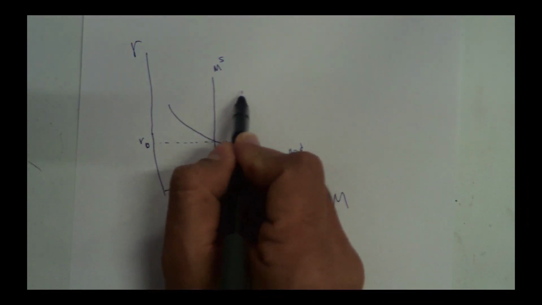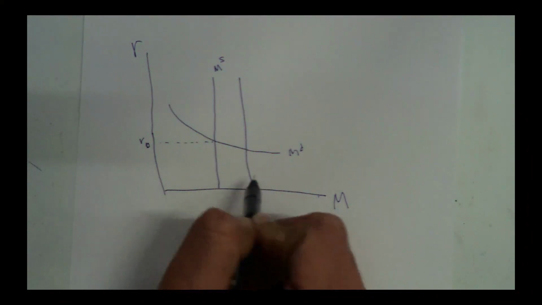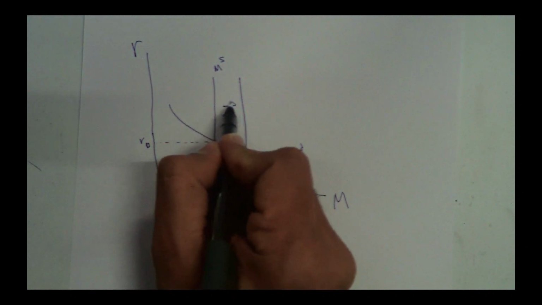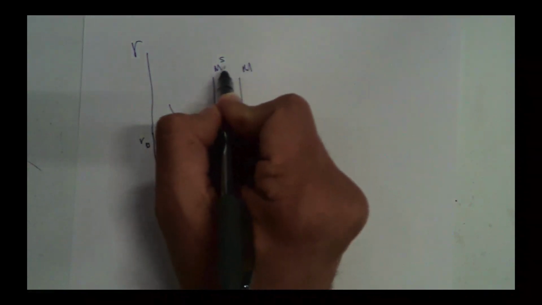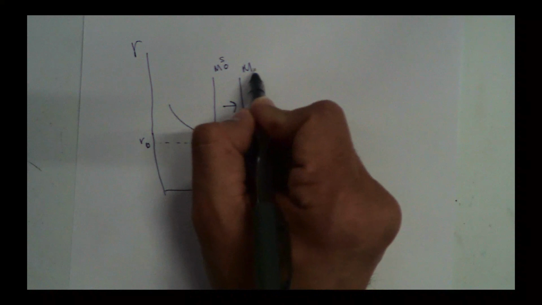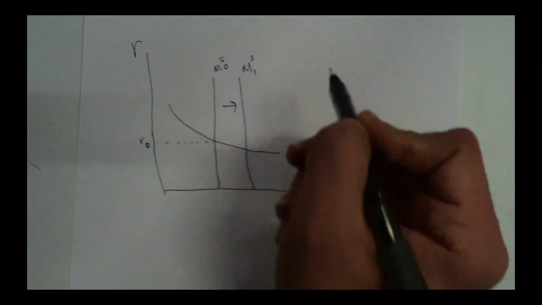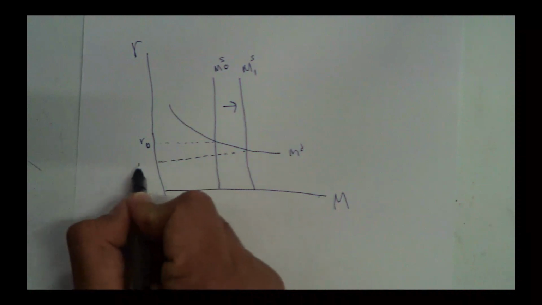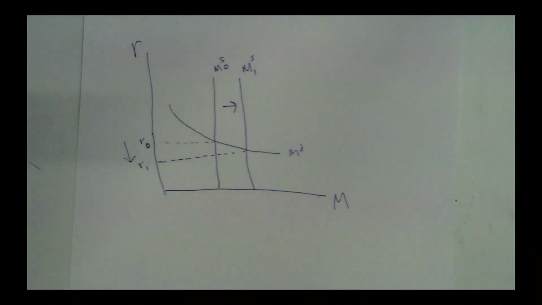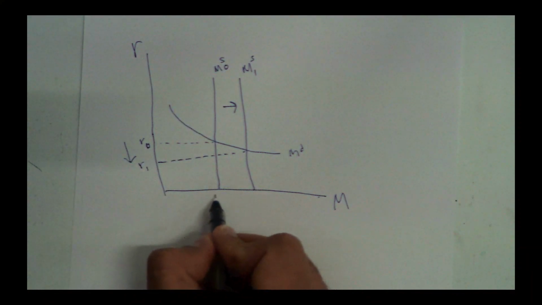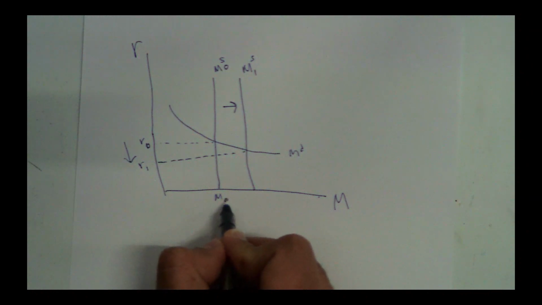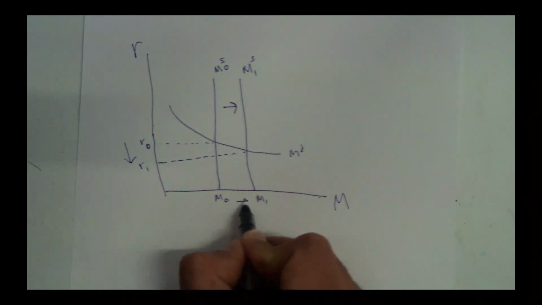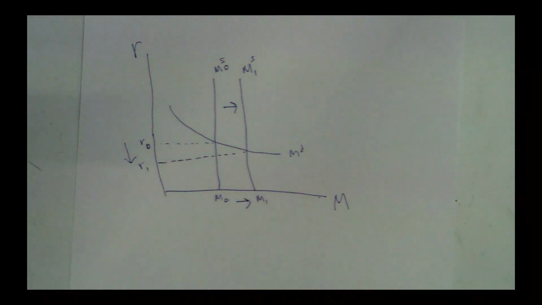So the question is, what would happen to the interest rate? Moving from this to this, let's call this MS0, this is MS1, and now the interest rate has fallen from this to this. Remember, we moved from MS0 to MS1, so that means this is an expansionary monetary policy. So now we have a new interest rate.